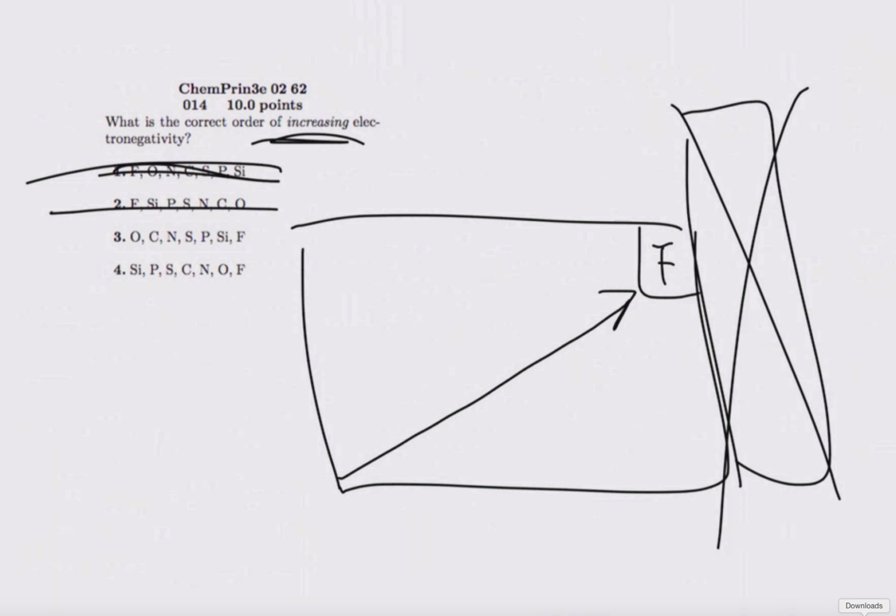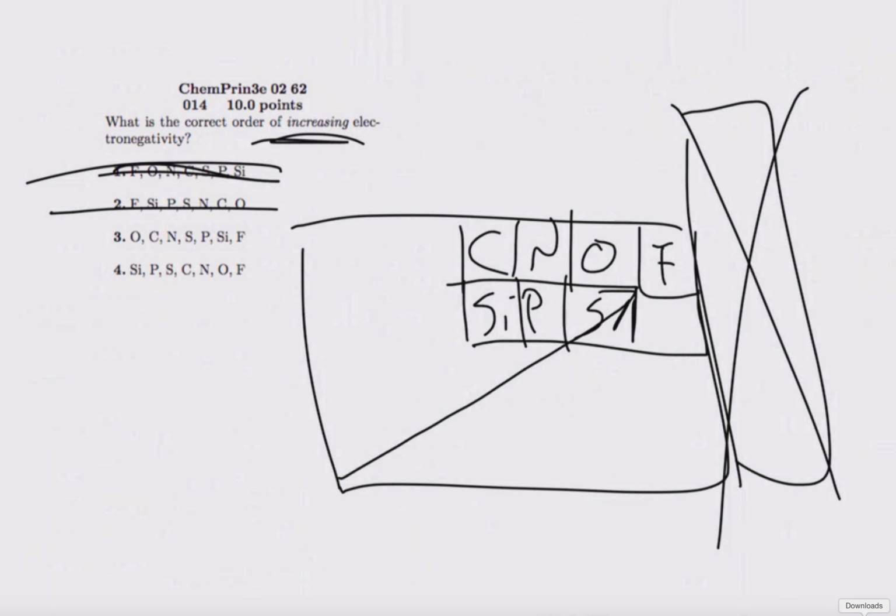Well, the silicon, phosphorus, and sulfur are all one row below fluorine. And then the carbon, nitrogen, and oxygen are all in the same row. So you know that they get smaller as you go away from fluorine.